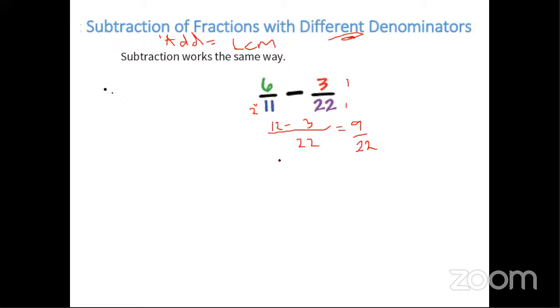Good. First cross a line. First put a line. We are crossing the line. You cross multiply 6 by 22. That is the numerator. 6 times 22, you can put it in brackets.